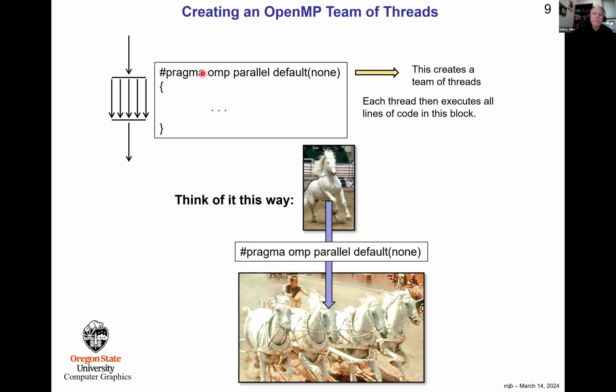So pragma OMP parallel. At that moment, it creates however many threads you've asked for. Think of it this way. Along comes your single threaded program, and you say pragma OMP parallel, and suddenly one horse becomes four horses. Apologies to Ben Hur.